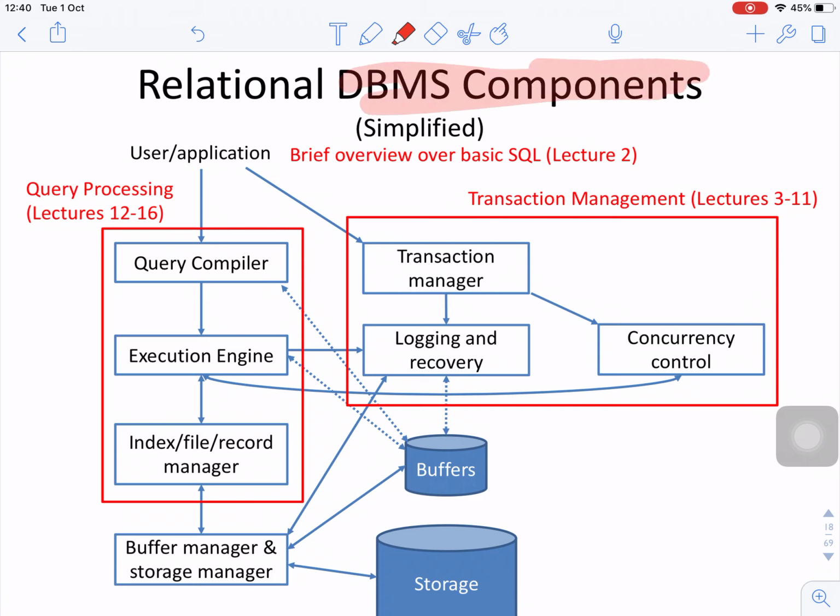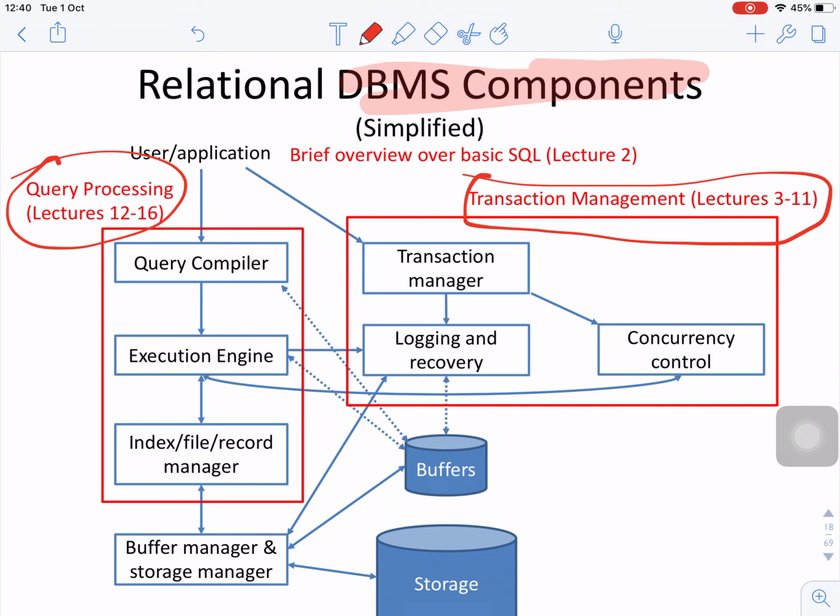and we have seen the relational database management system components. We can see that they are query processing, transaction management, and the buffer and storage manager. So the key thing is that we have transaction management.